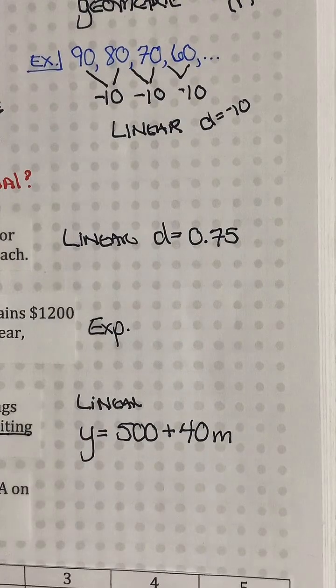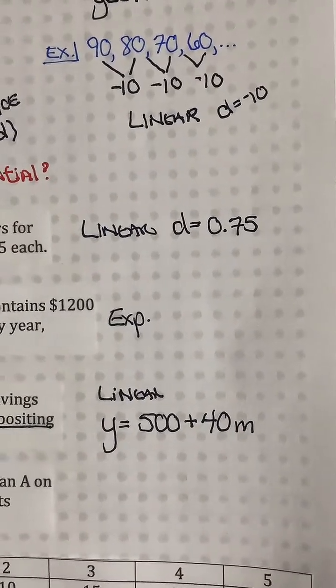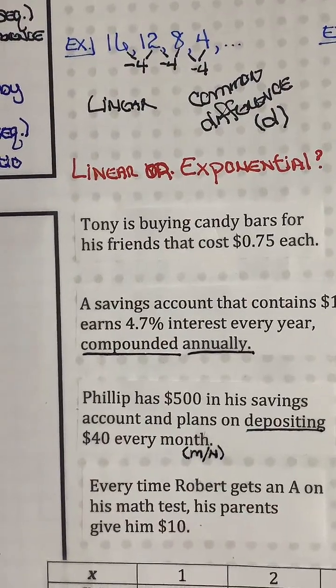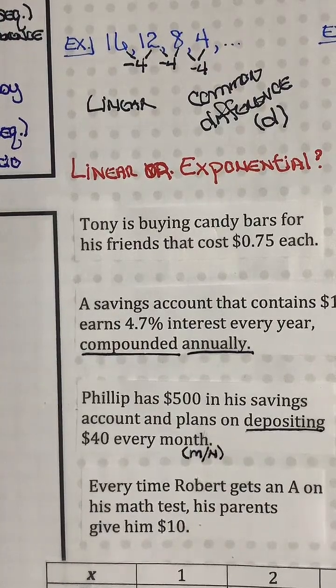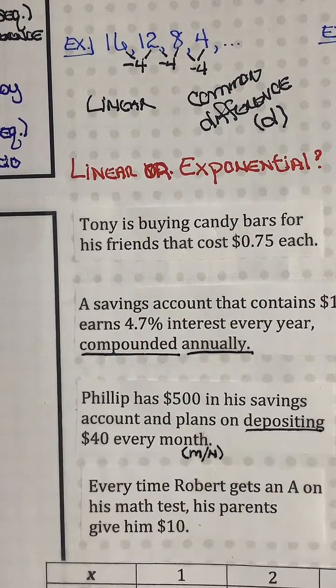So now, every time, I'm going to slide over. Is that okay, Doc? All right. So every time Robert gets an A on this math test, his parents give him $10. What do you think? C4 is saying linear.